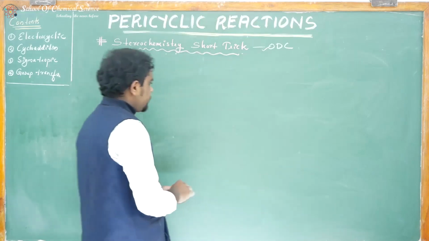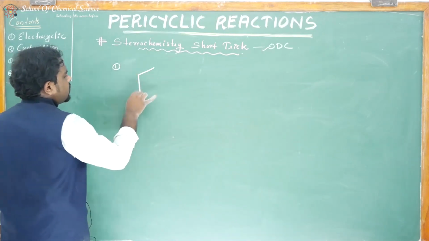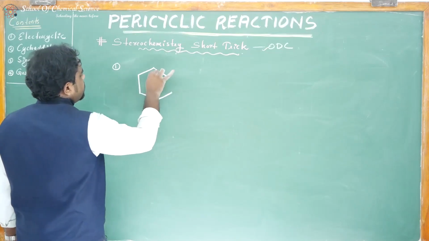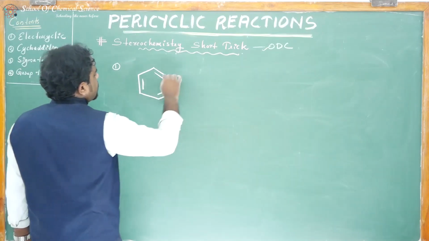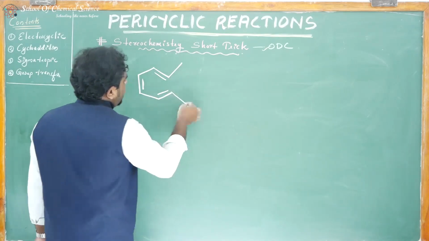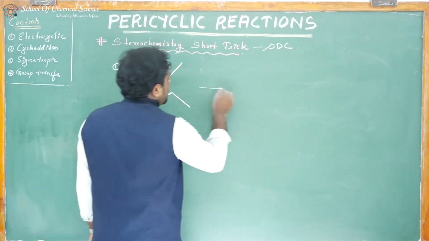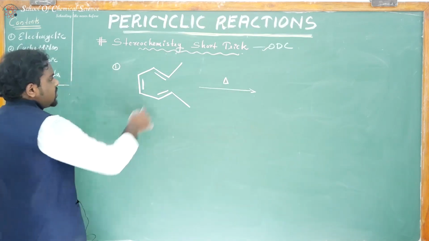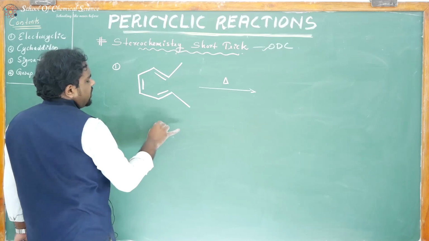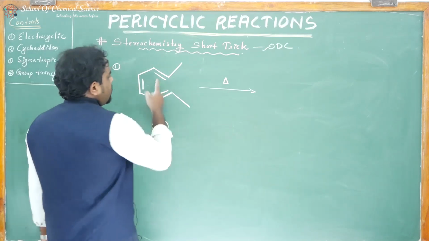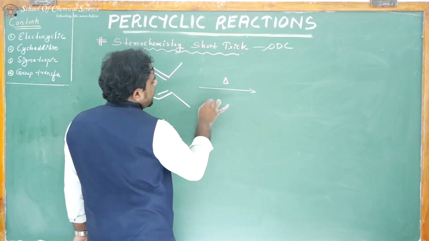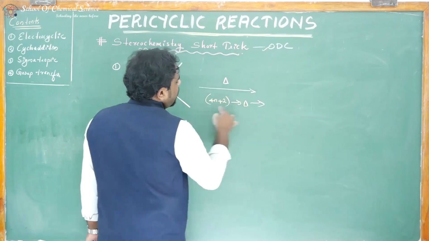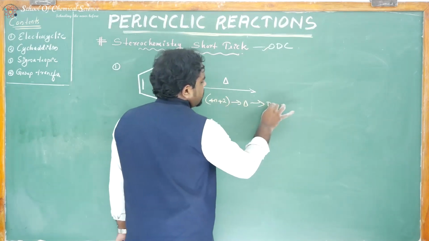Third question. One above, other below. Thermal condition. Substituents are in opposite direction. 2, 4, 6: 6 electrons are there, so the system is 4n plus 2, thermal. 4n thermal con, 4n plus 2 thermal dis.